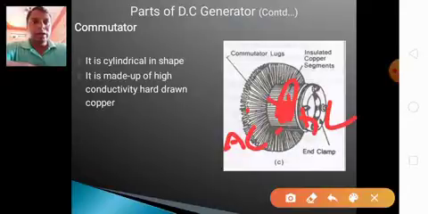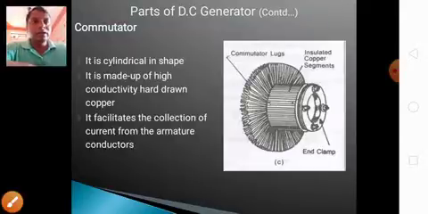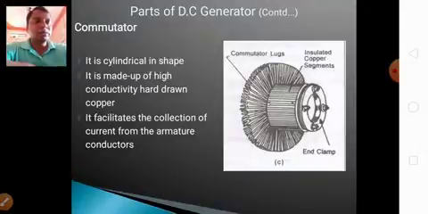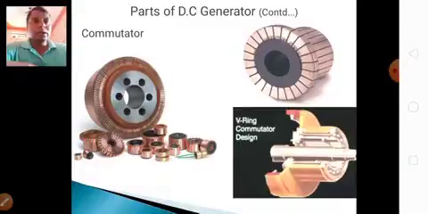It is made up of high conductivity hardened copper. It facilitates the collection of current from the armature conductors. It takes current from the armature conductors and gives it to the brushes. Brushes take the current from the commutator. It converts alternating current to direct current. Right? This is the commutator shown in the figure.